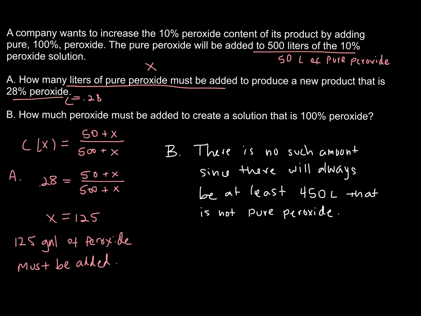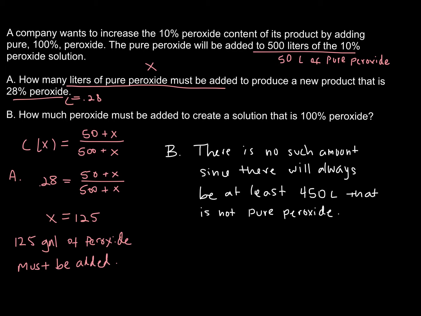So my equation is going to be the concentration, which depends on the amount that I'm adding, X, will be 50 plus X over 500 plus X. Setting the concentration equal to 0.28 will give me a solution of 125, and therefore 125 gallons of peroxide must be added.